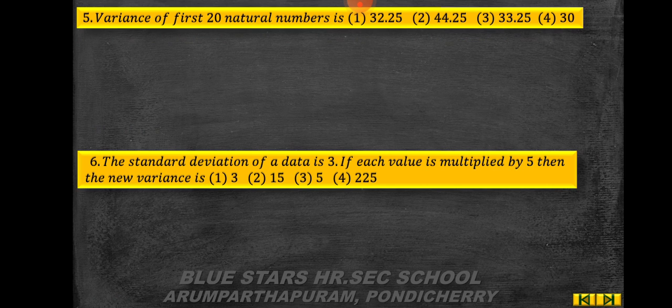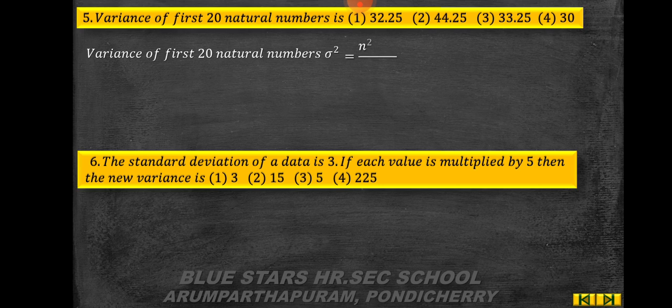Question number 5. Variance of first 20 natural numbers is option 1, 32.25, option 2, 44.25, option 3, 33.25, and option 4, 30.